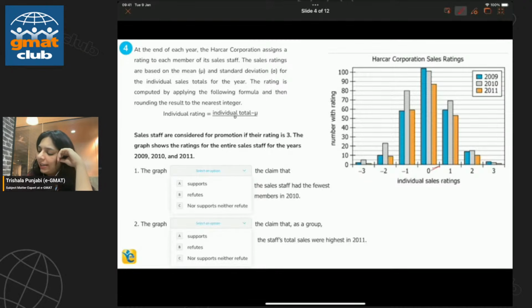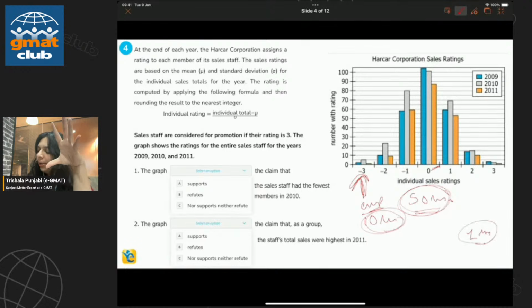Let us say the mean is 50 million and an employee is performing at 10 million, that employee would get -3. But if the company itself is performing at 1 million and that employee is performing at, let us say, 900,000, that employee would be at a -1.